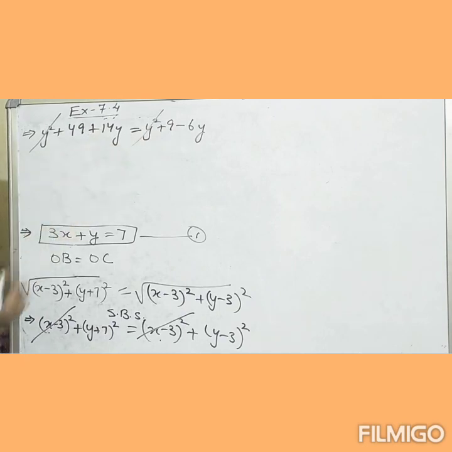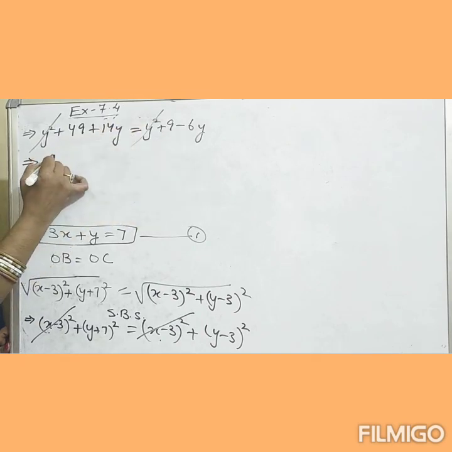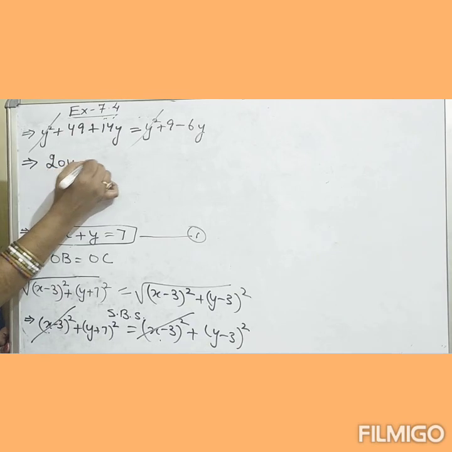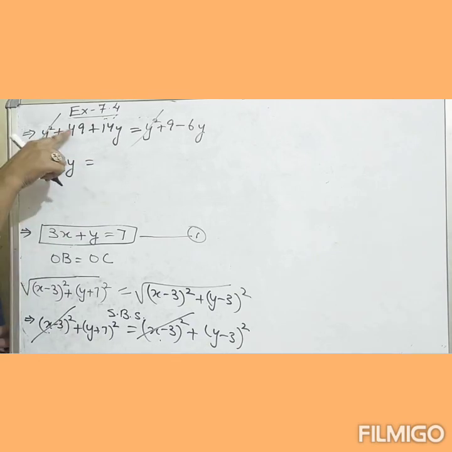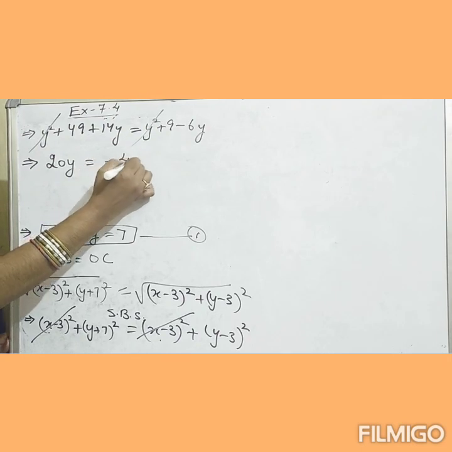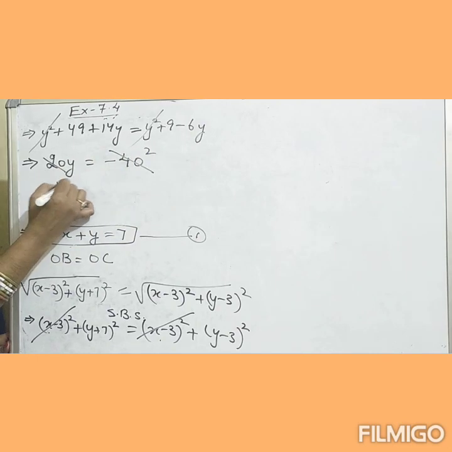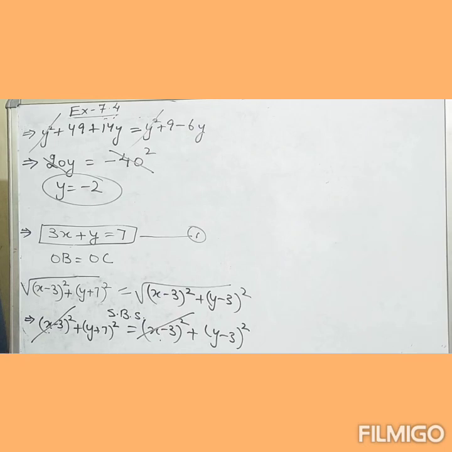Again y square will cancel out each other, and 14y plus 6y should be 20y, right? 20y, and this is 9 and 49. When it goes to that side, it will be minus 40. It will cancel out, and y will be minus 2. So from the second equation I got the value of y as minus 2.